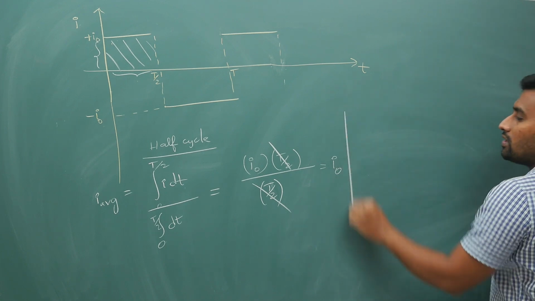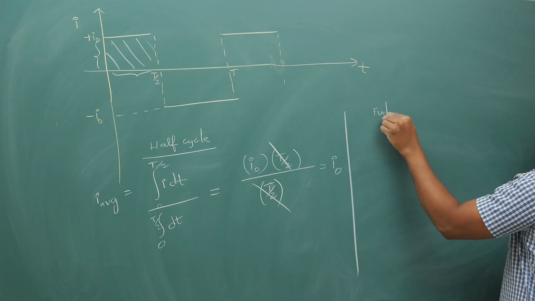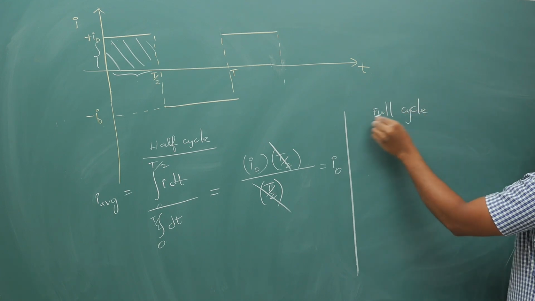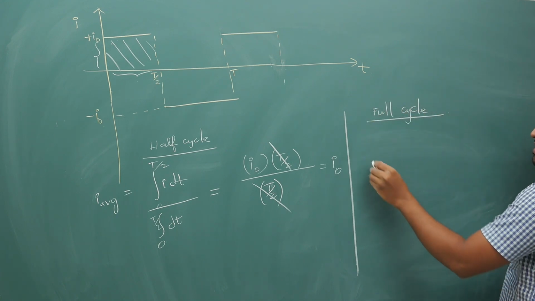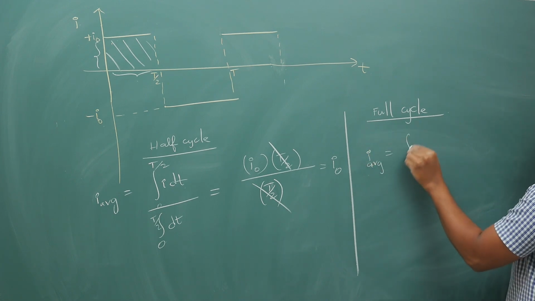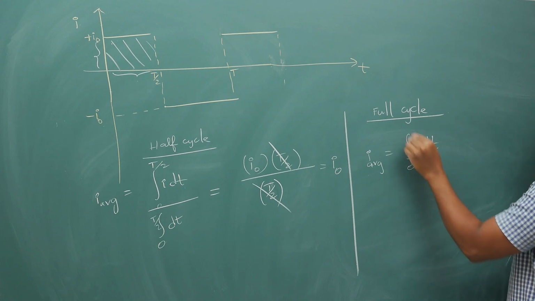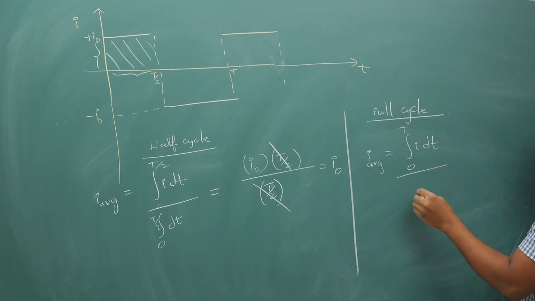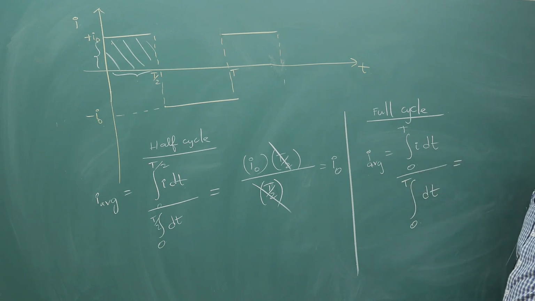Now if you take the full cycle, your I average is the integral of I dt from 0 to T, divided by the integral of dt from 0 to T. Now this is the area of the I-t graph for the full cycle.